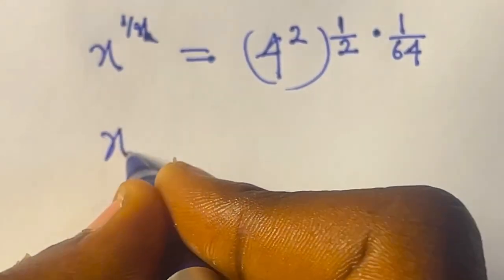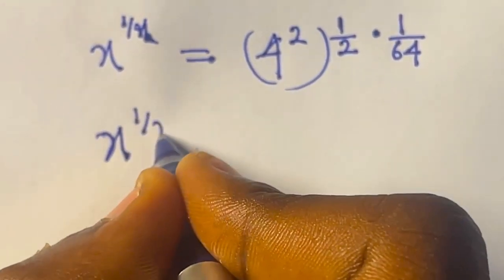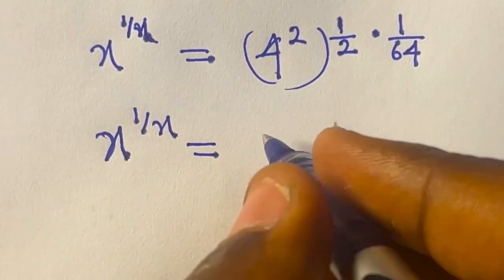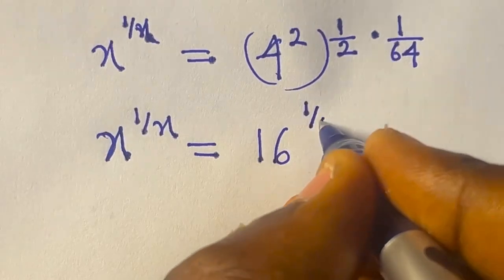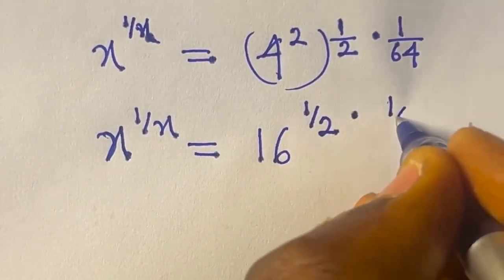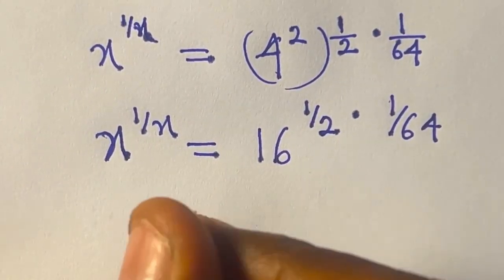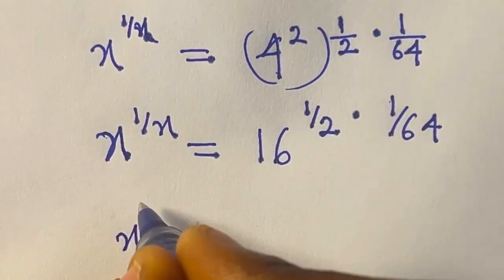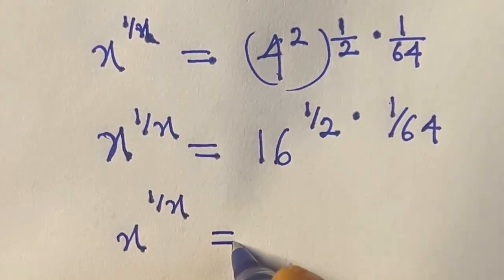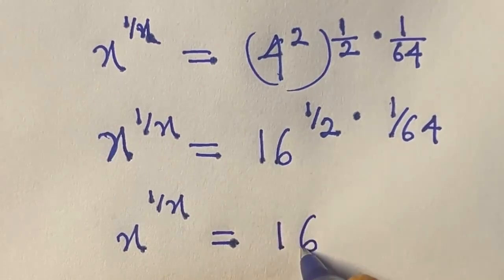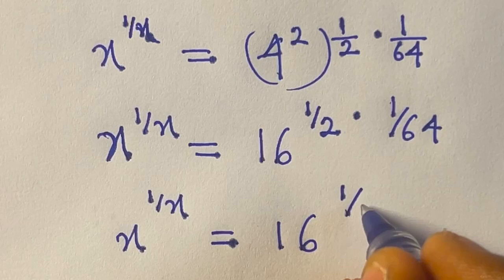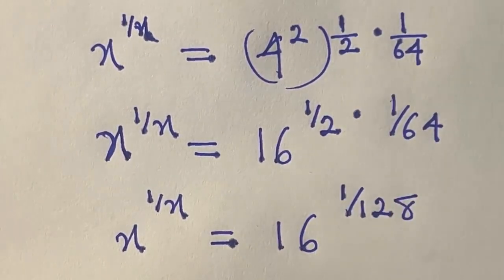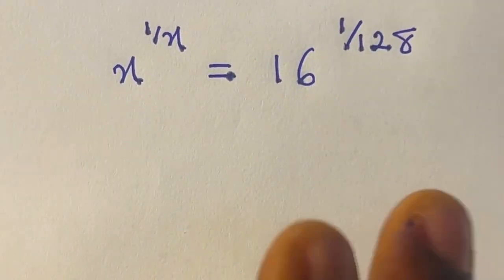All right. So we have x raised to the power 1 over x equals 4 raised to the power 2, which is 16, then raised to the power 1 divided by 2 times 1 divided by 64. So therefore we have x raised to the power 1 over x equals 16 raised to the power 1 times 1, that is 1 divided by 2 times 64, which will give us 128. All right.